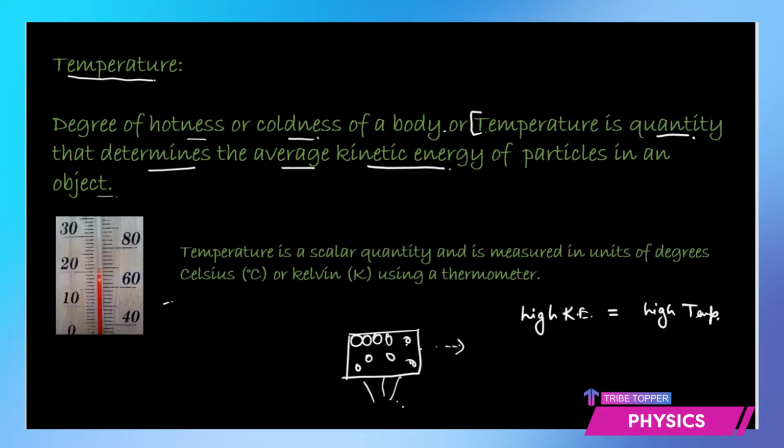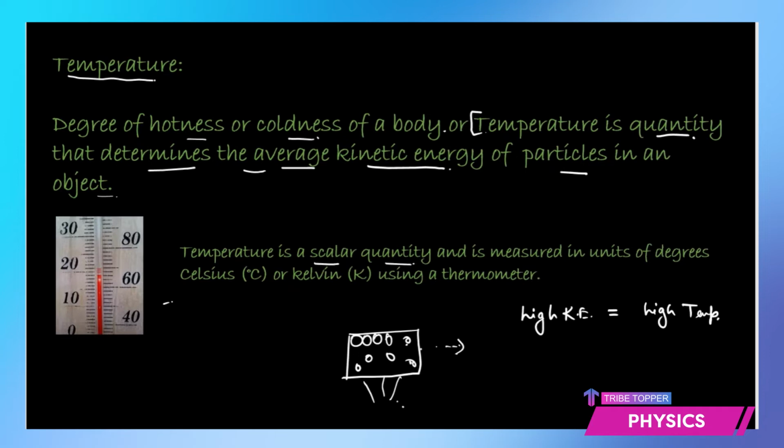So either we can say it is the degree of hotness or coldness of a body, but that's a very basic definition. For grade 12, you will define it as: temperature is a quantity that determines the average kinetic energy of particles in an object. And temperature is a scalar quantity.